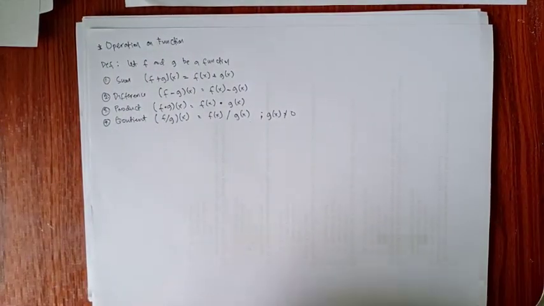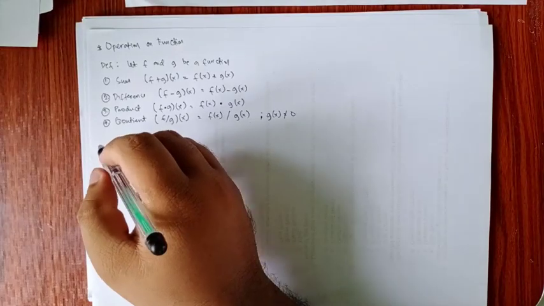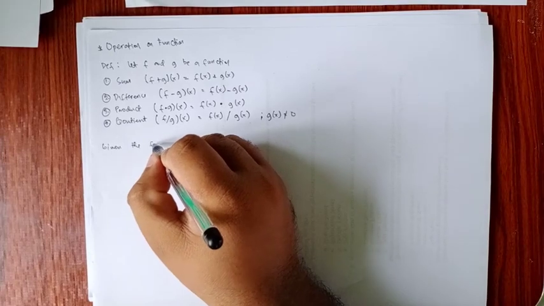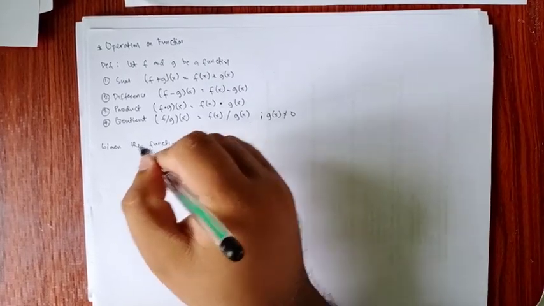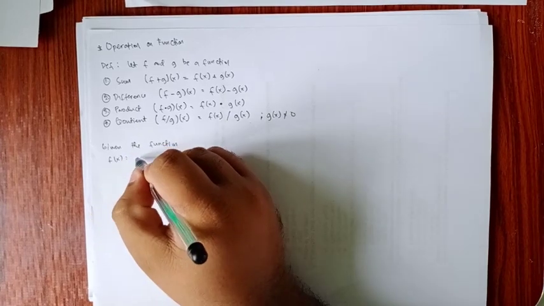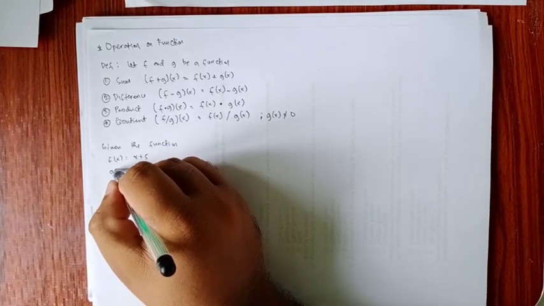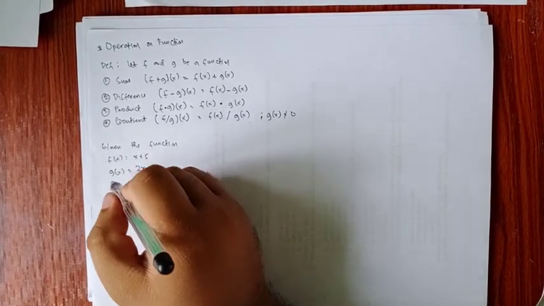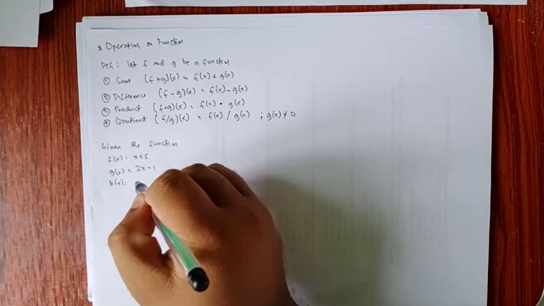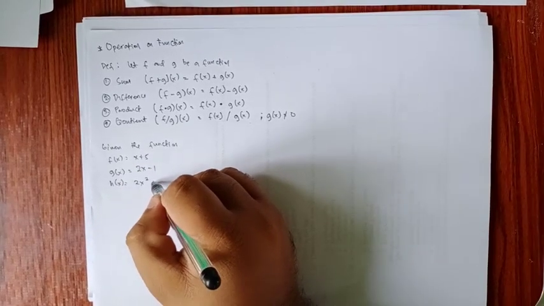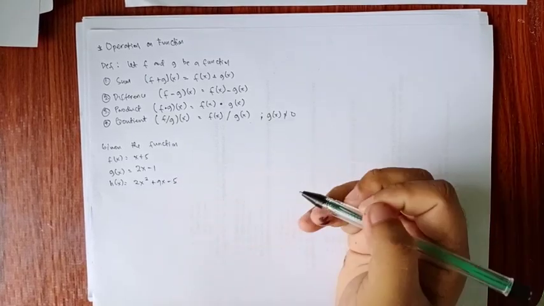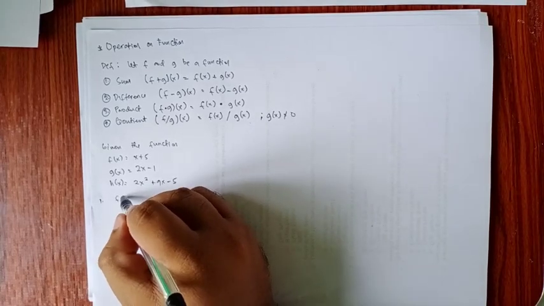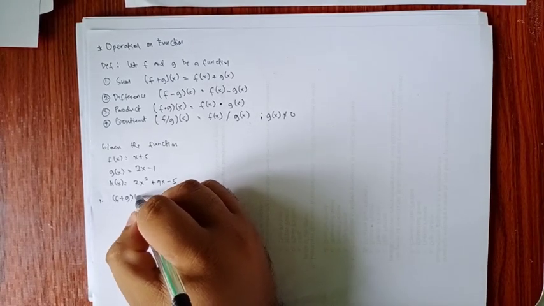Sige, let's try to solve an example. So, what if, let's say for example, we are given the following functions. F of x is equals to x plus 5. Then you have g of x, that is 2x negative 1. And then, si h of x naman, meron tayong 2x squared plus 9x negative 5. Now, let's try to find kung ano yung sum ni f and g of x.